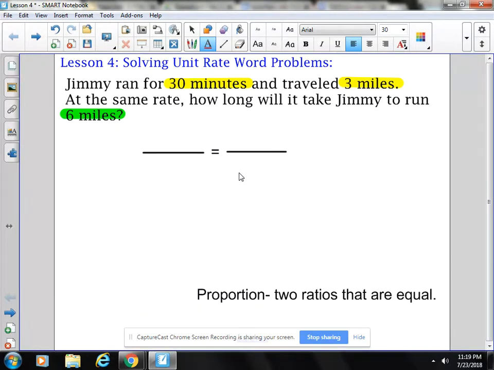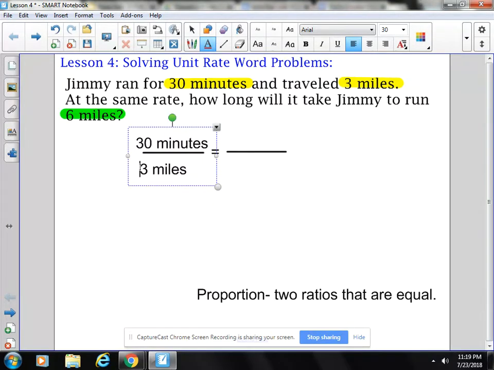Words are very important. So we are going to start with our yellow rate here. We have 30 minutes in the numerator, 3 miles in the denominator.